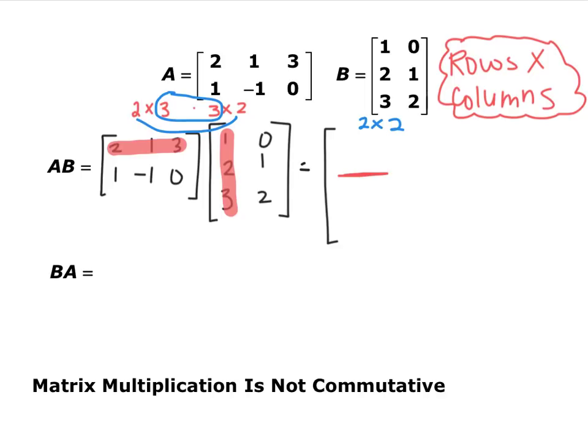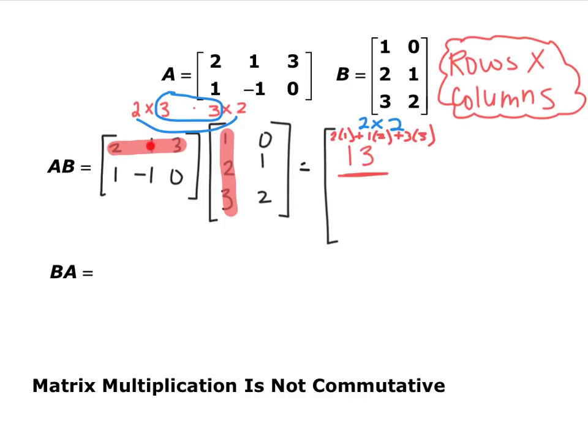We multiply the first entry by the first entry, so 2 times 1. Then we add the second entries, in this case 1 times 2. Then we add the third entries, in this case 3 times 3. We multiply and add all those together, and we get our first entry, 13, of our resulting matrix.